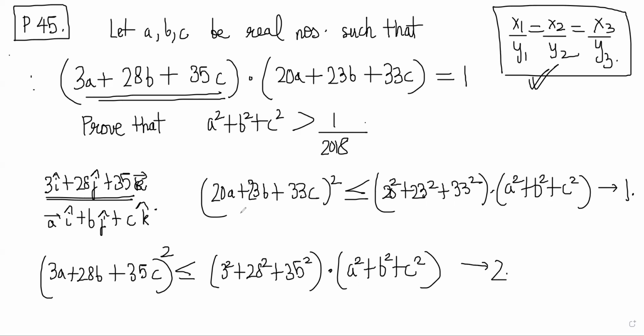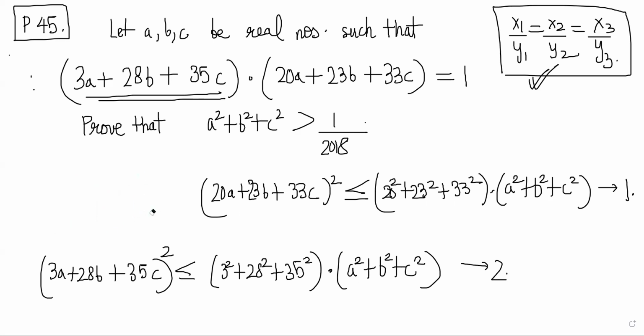If you multiply both the inequalities, the left hand side with the left hand side, right hand side with the right hand side, when you do the left hand side multiplication, you will realize that it is 1 according to the problem, right? According to the problem, we had this product as 1, no?